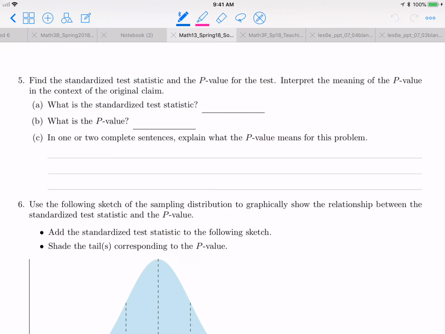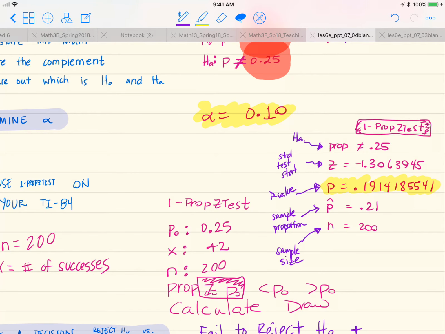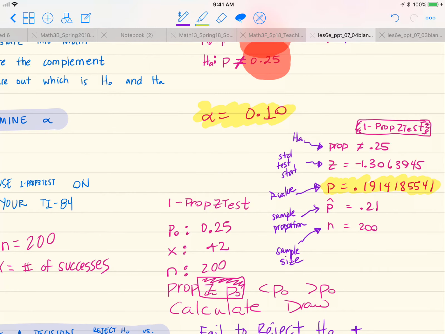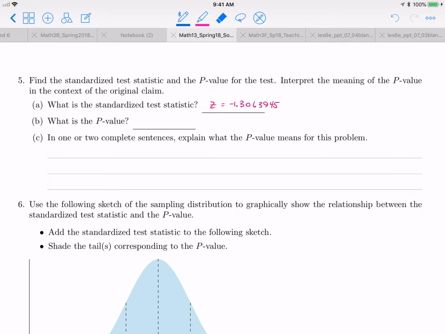So I don't have to fill out that formula because I already have that information automatically computed and collected by the calculator. Okay, so here's my p-value. Copy. Paste.